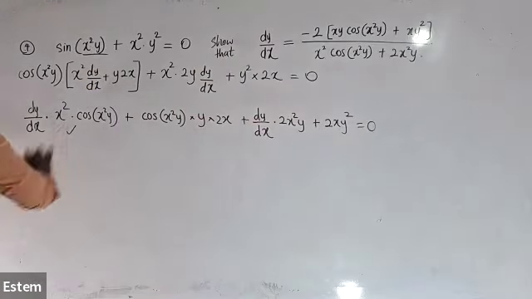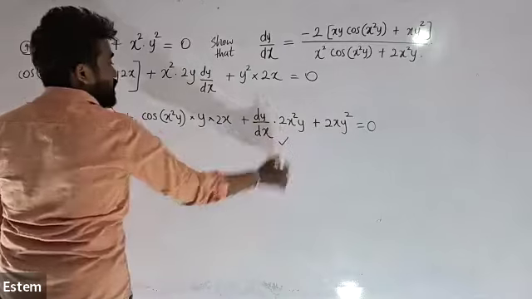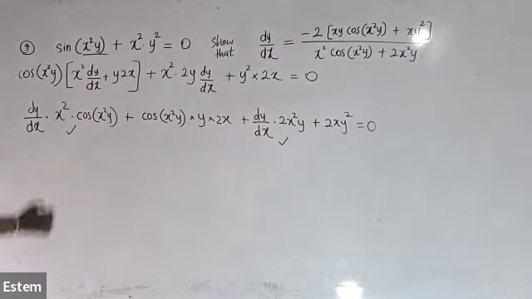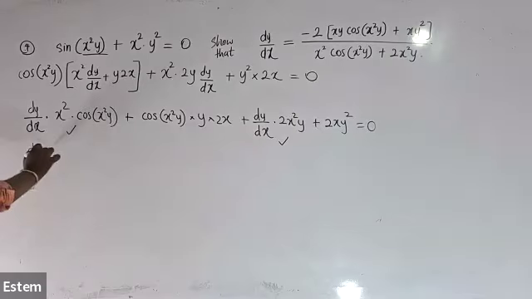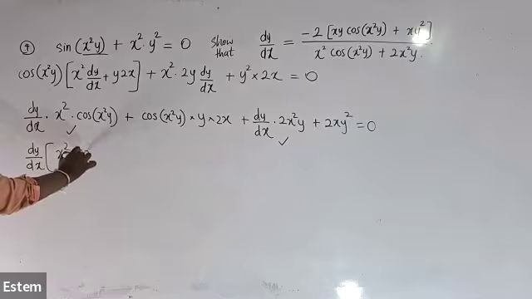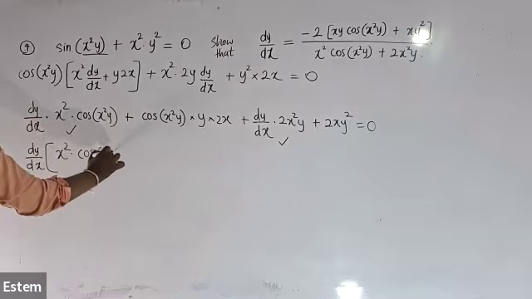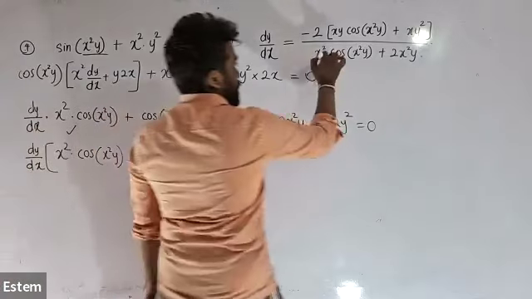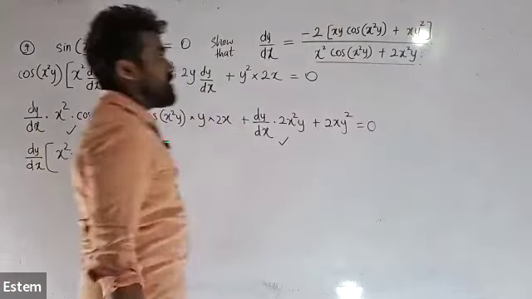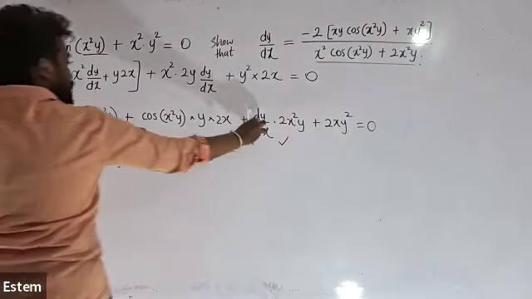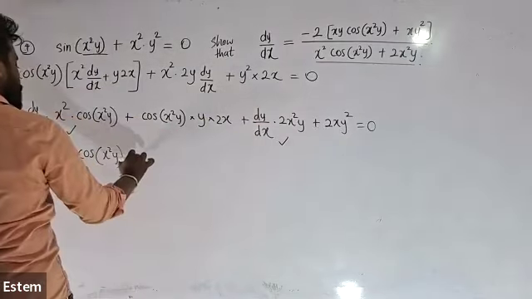Now notice the terms with dy over dx and pull out dy over dx, and this is x squared cos x squared y. See, this is forming here. After I pull out dy over dx, 2x squared y is here.